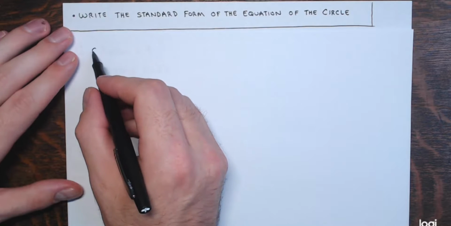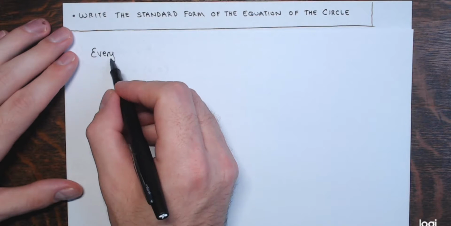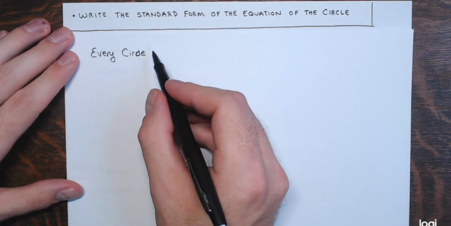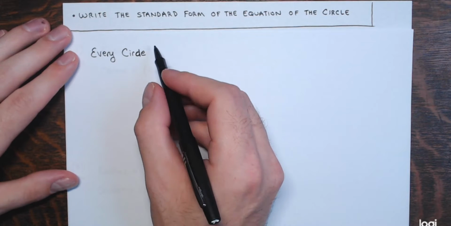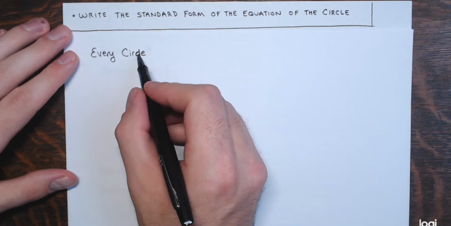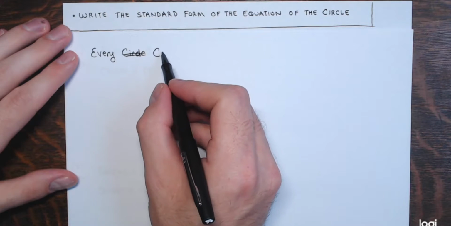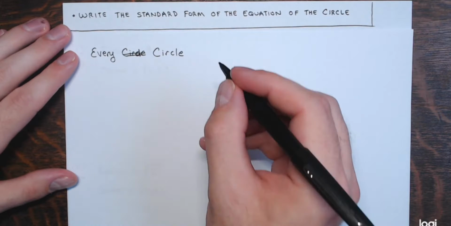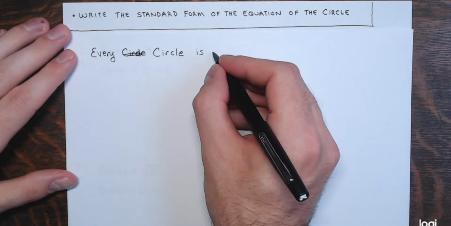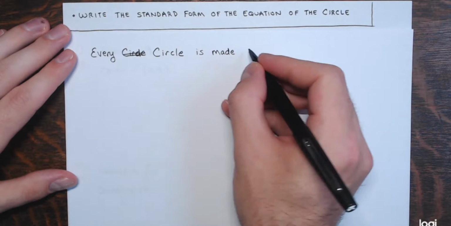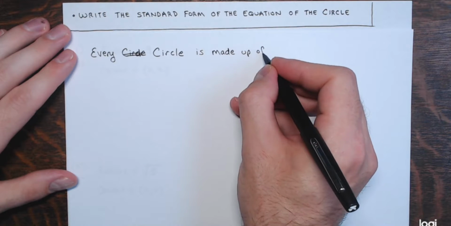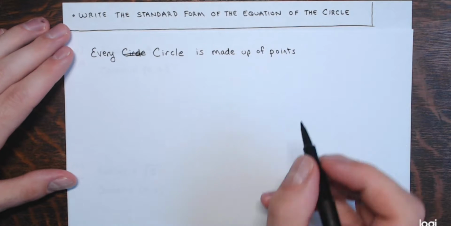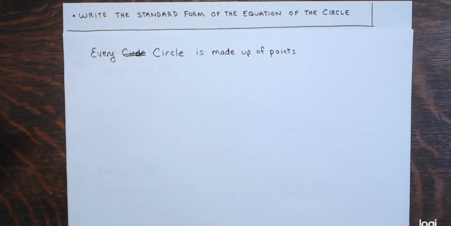So every circle is made up of points that are all the same distance away from a given point.